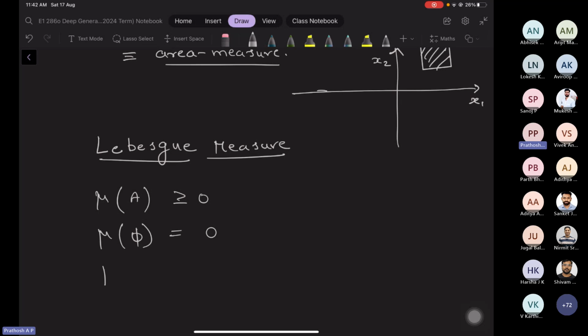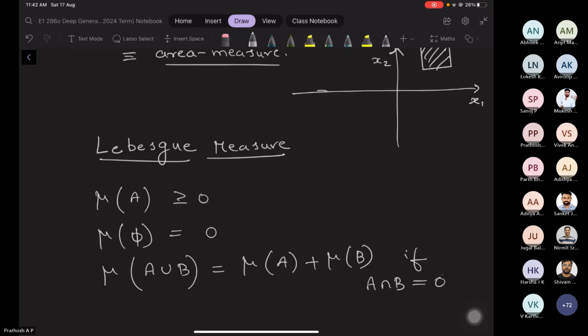And the measure of the union of two sets has to equal the sum of the individual measures if the intersection is null. As long as you can come up with a function that adheres to these properties, you can give it your name and call it your measure. So this is the length measure.